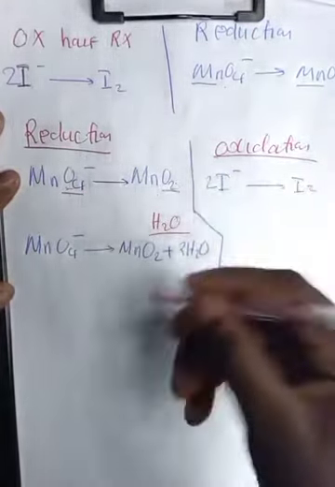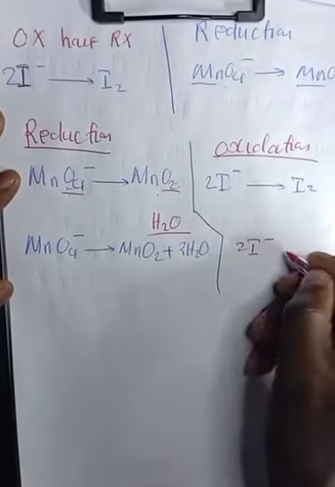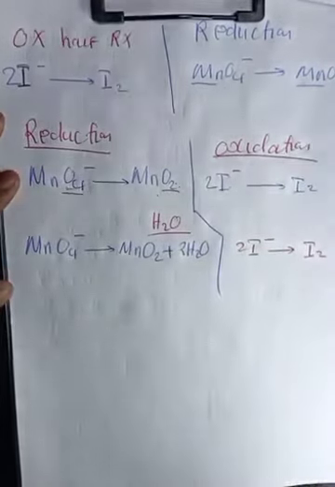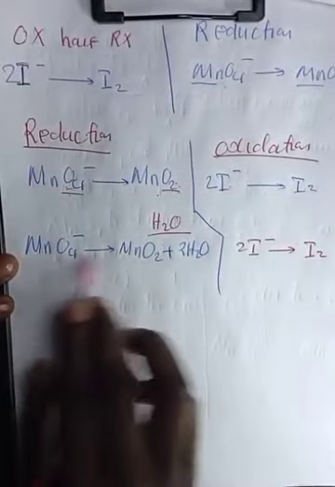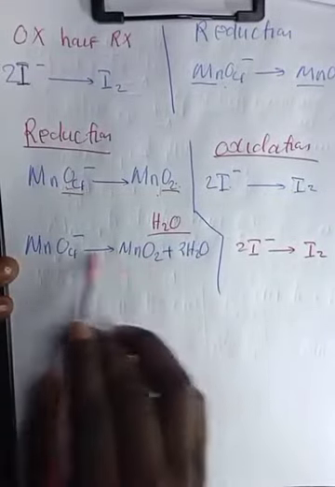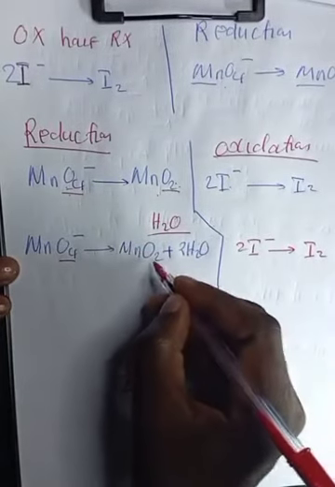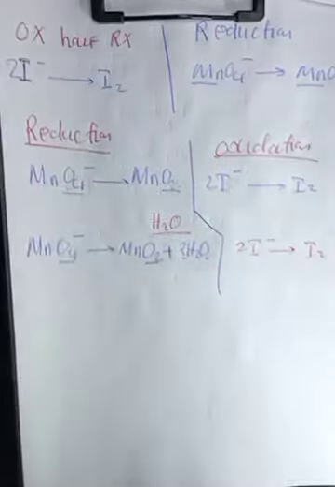This side we don't have anything, no water, so we can't balance what we don't have. So reactant side and product side don't have the oxygen and all that, so we leave it like that. But where we had the problem was here. Now we have 4 oxygen here and 2 oxygen here, which means oxygen is balanced.